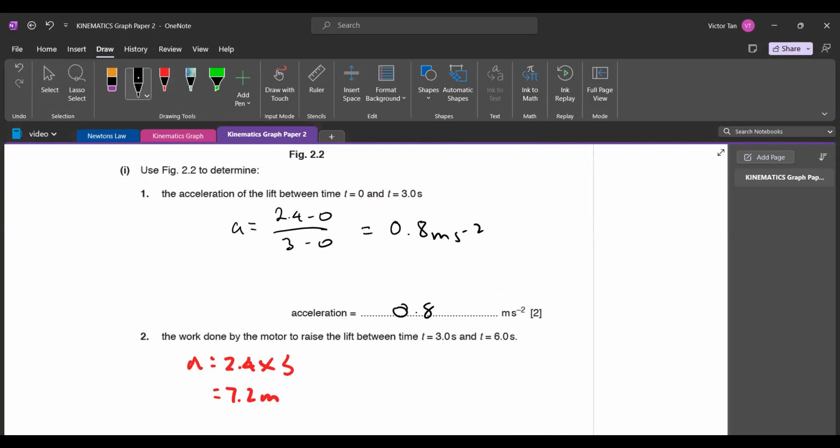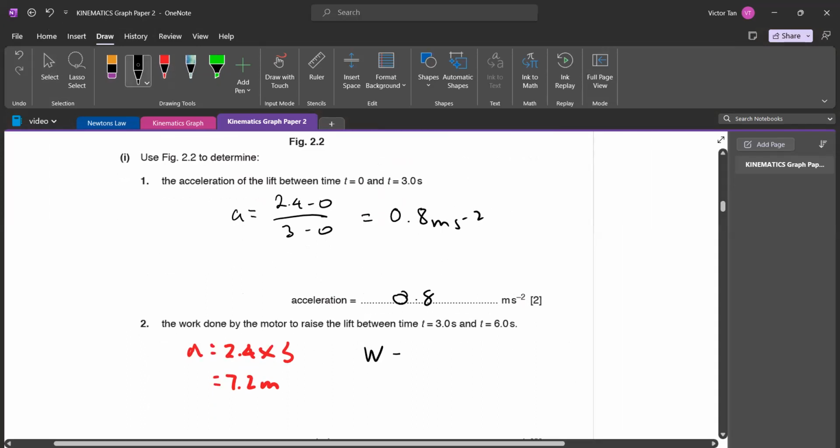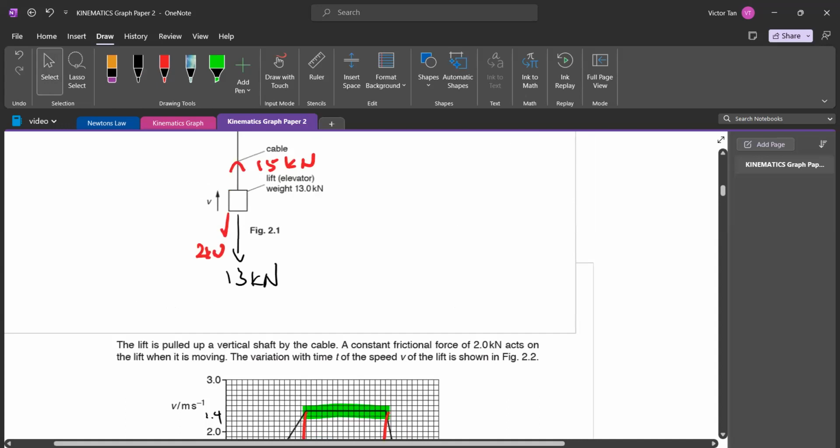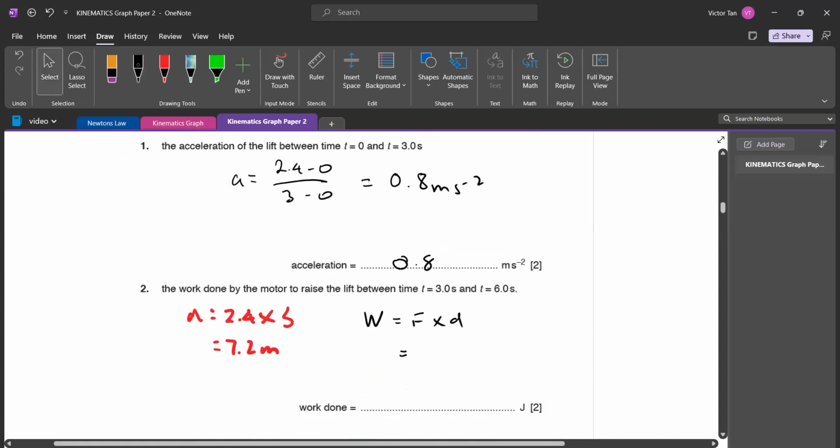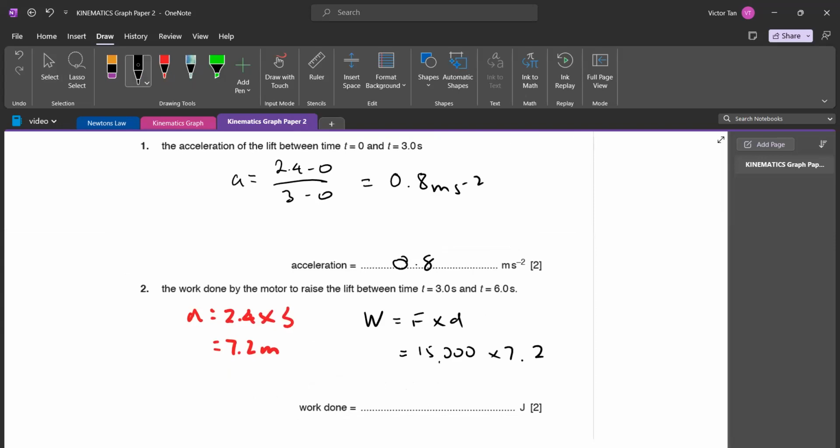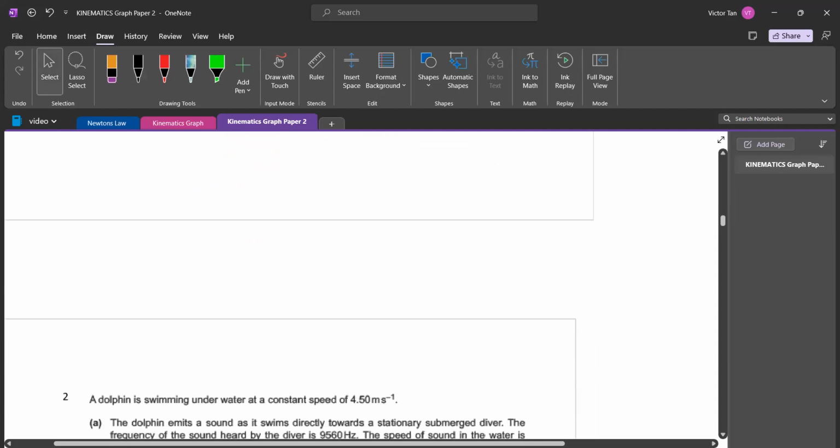Work equals force times distance, which is, as I've said, 15,000 newtons times 7.2. 15,000 times 7.2 is 108,000 joules, which to two significant figures is 110,000 joules.